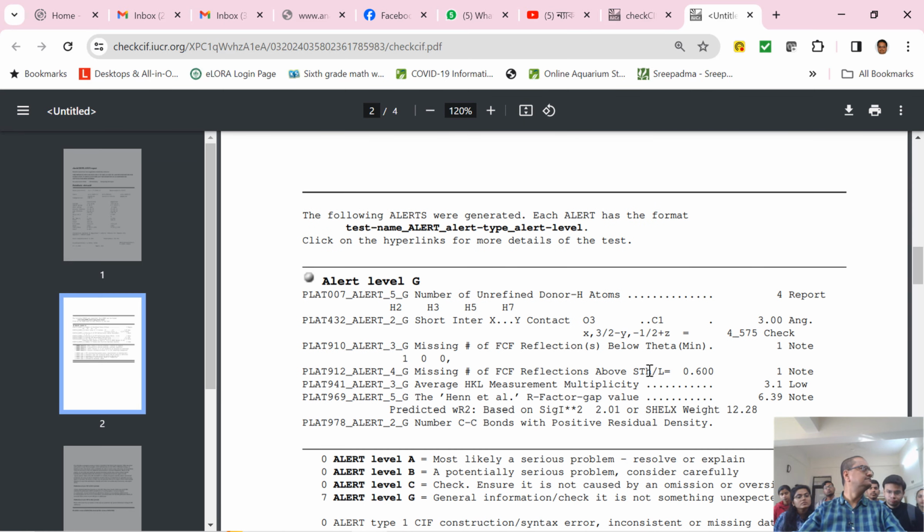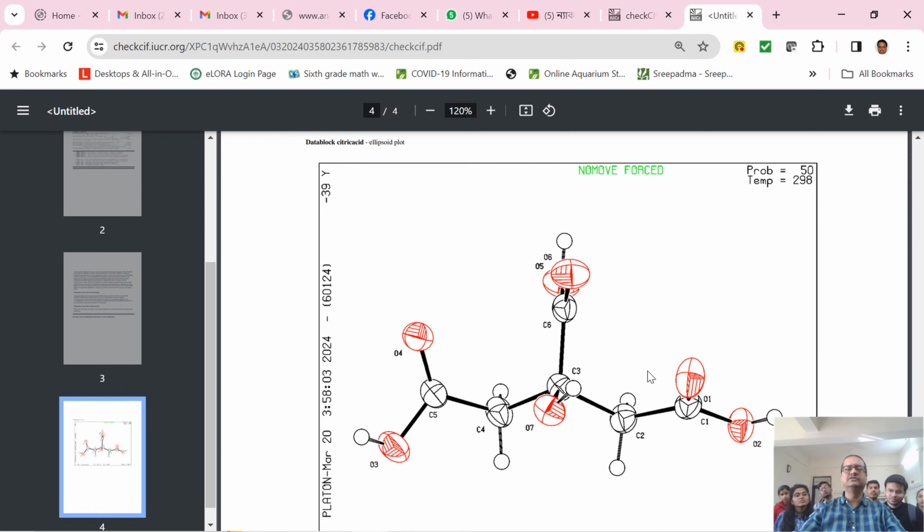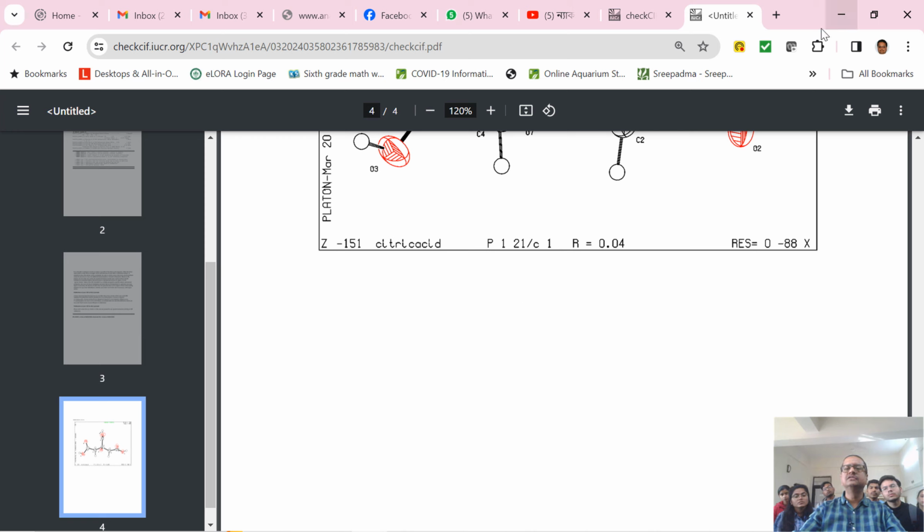That alert has gone, right? So this is where your job ends. It gives you the thermal ellipse side plot, how the molecule is, and so on.